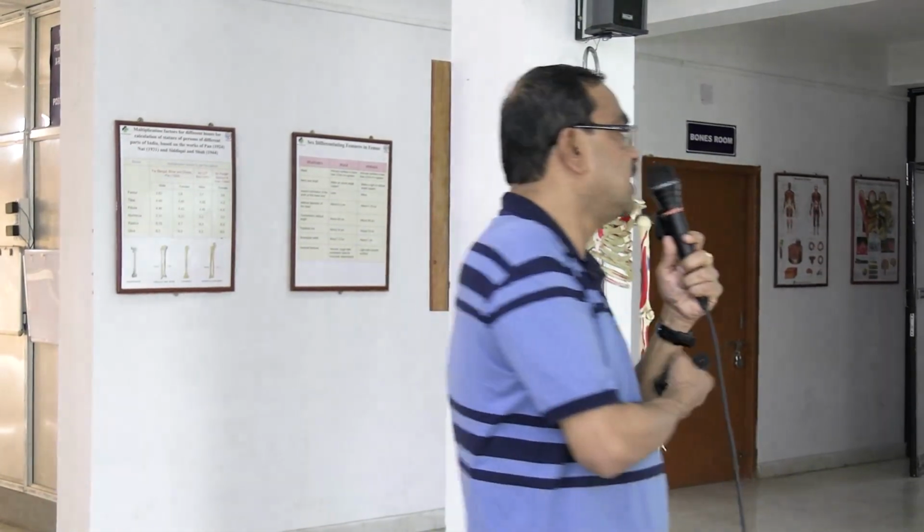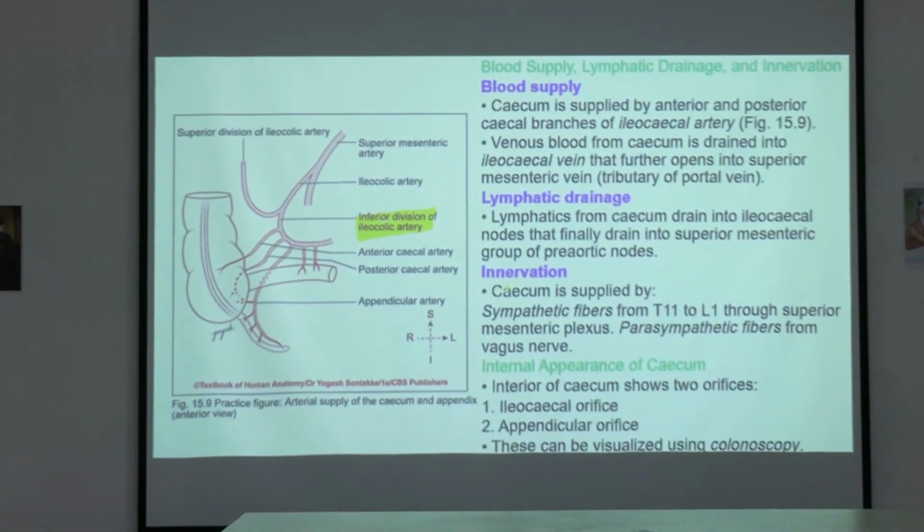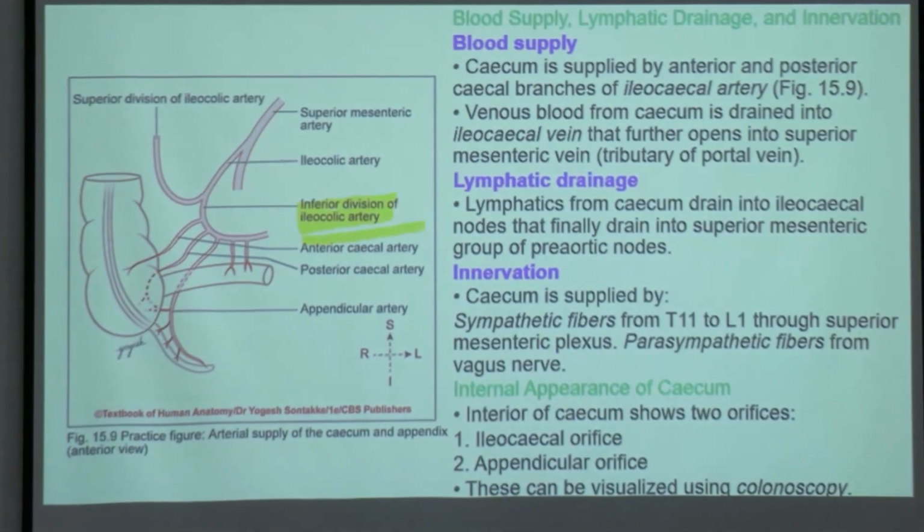Up to that area, the blood supply is contributed by the superior mesenteric artery. The branches of the superior mesenteric artery are the middle colic, right colic, and ileocolic, and you know that the ileocolic branch supplies the cecum and the appendix. Okay. Next.